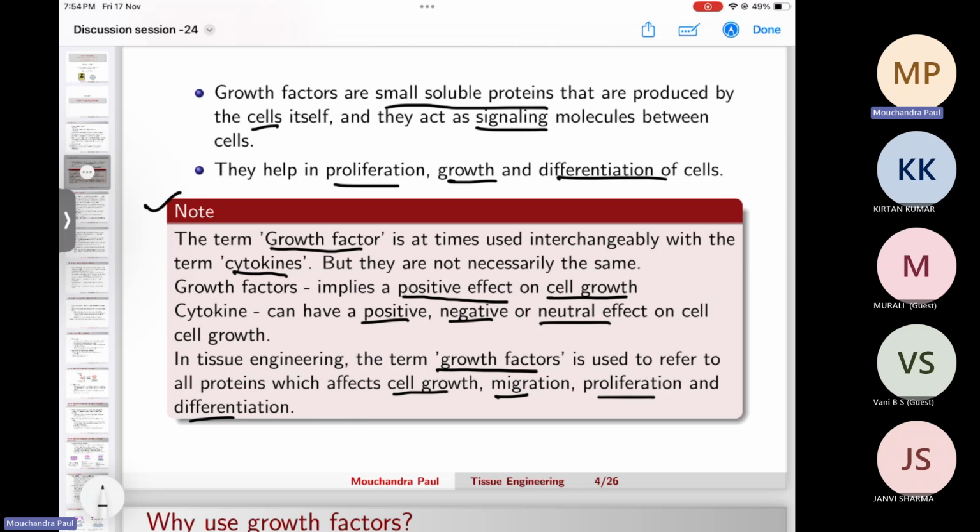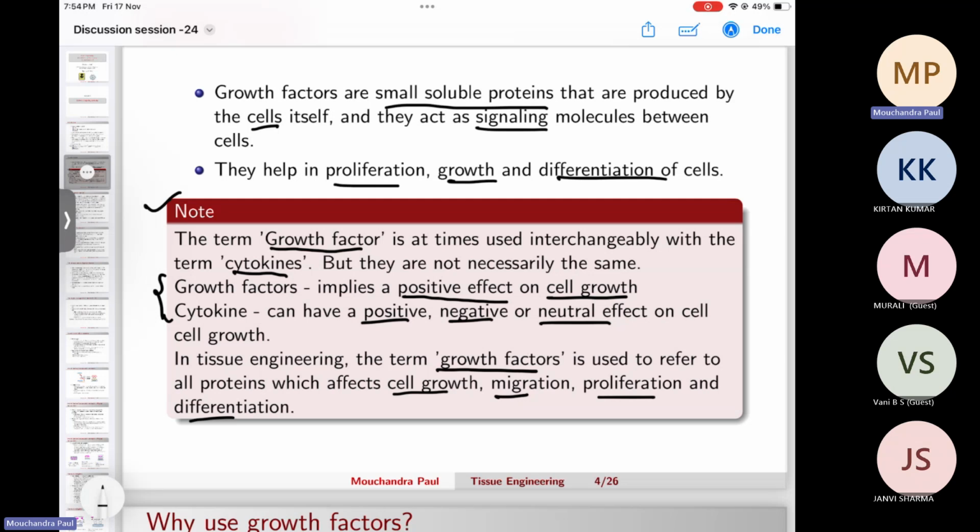So the confusion between the usage of these two terms is because the term growth factor comes from the field of developmental biology, and the term cytokine comes from immunology.